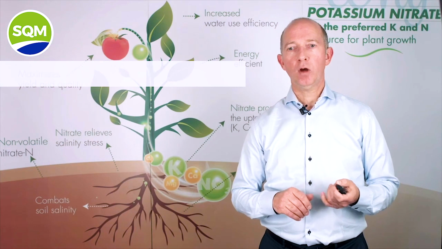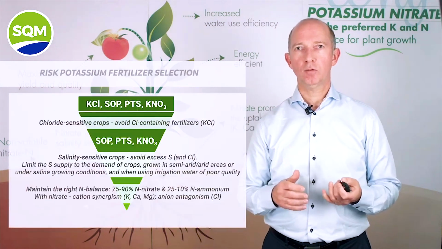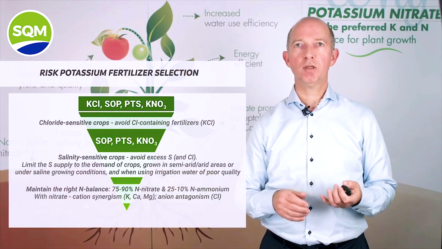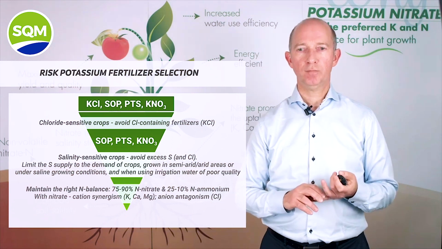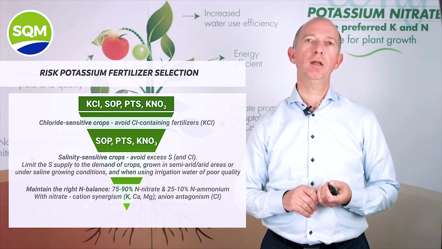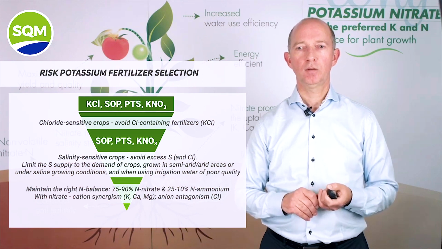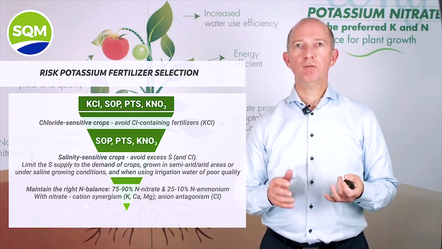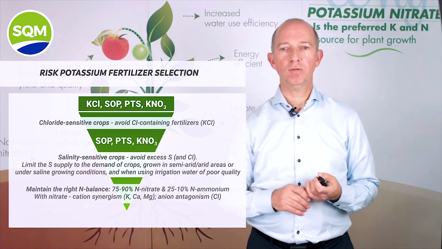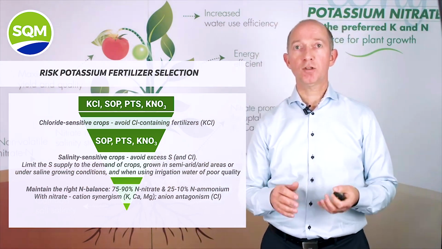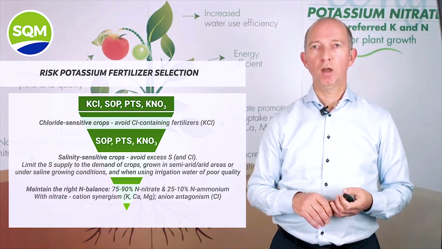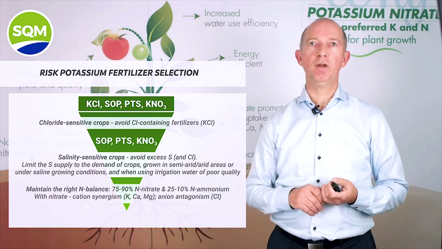So we already saw that when it comes to selecting the right potassium source, do not use chloride containing fertilizers for crops sensitive to chloride. To select from the sulfate and the thiosulfate, for those crops sensitive to salinity, avoid any excess of sulfate and chloride.